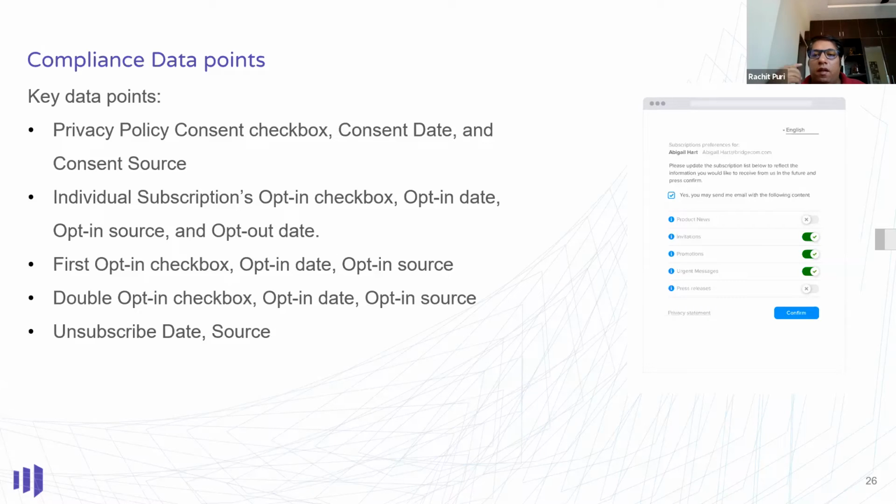Usually you would get the unsubscribe request from your preference center or the unsubscribe page, but try to capture from which particular email you got this request, because Marketo does not explicitly track that in a specific field. It's recorded in the activity log, but if you want to pull out a list of all the emails from where different leads unsubscribed, it's really hard to do that without some customization.